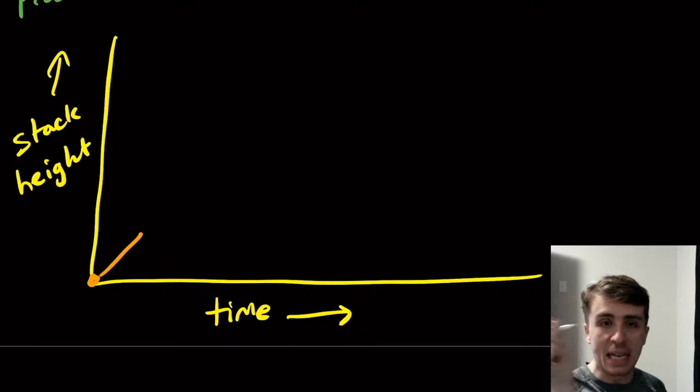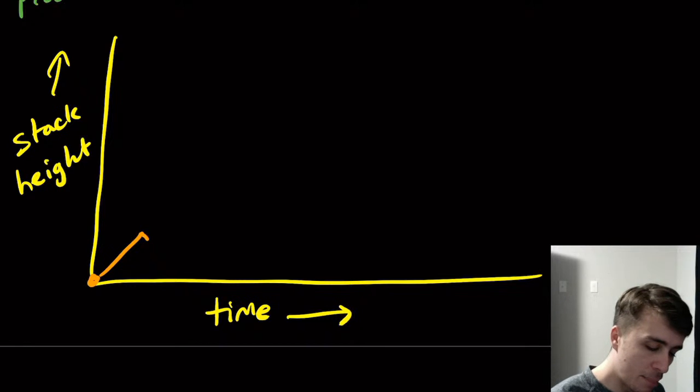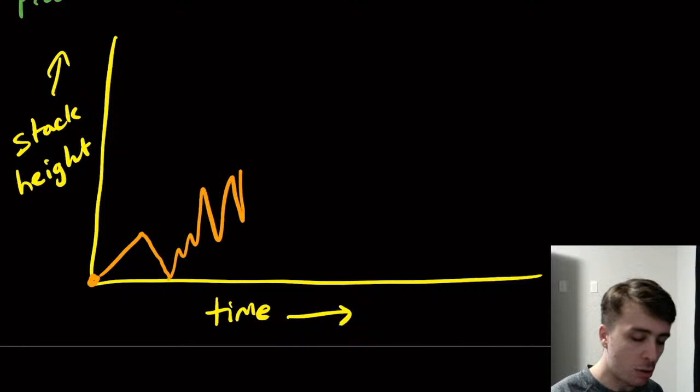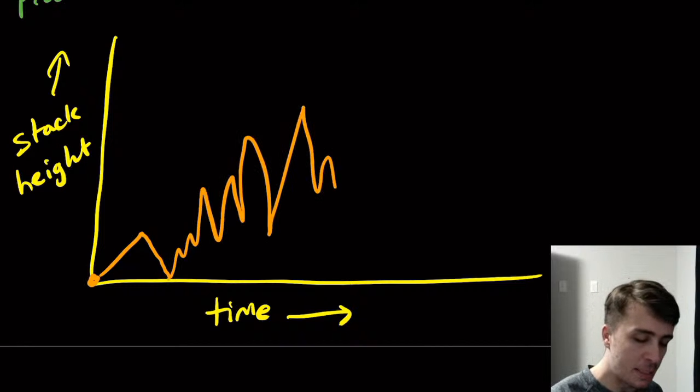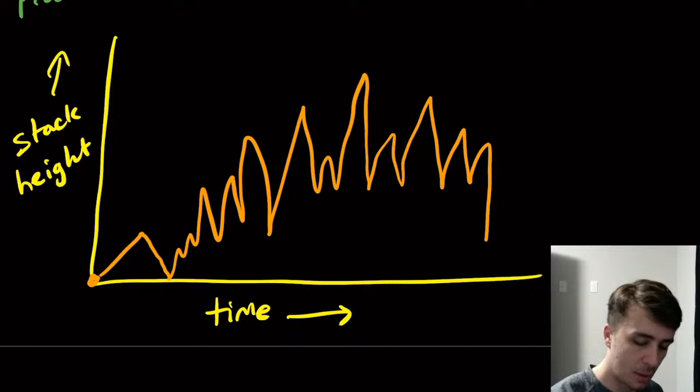And it can't stay level because the stack must change height at every time. But it could come back down to 0 right here, potentially. In general, it could go up and down, up and down. It's never flat anywhere, which is key. So it can come down to 0 again, and then maybe back up, and then back down to 0. And then maybe it stops here.